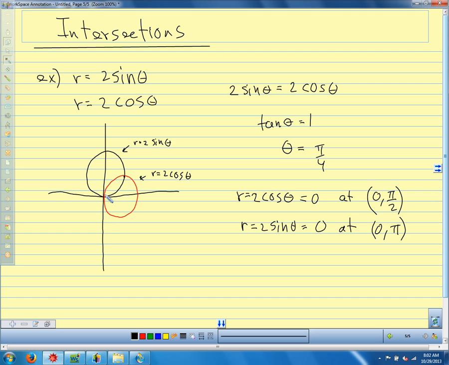I think my first thought is to take the area of 2 cosine theta from pi over 4 to pi over 2. So if I split it up like this, I would get that area. And then I could add to it the area of 2 sine theta on this interval. So we could break it into two intervals. So that's how we would have to tackle that.